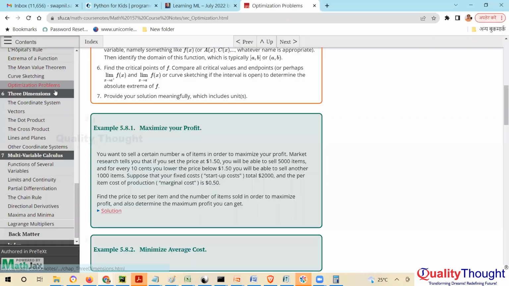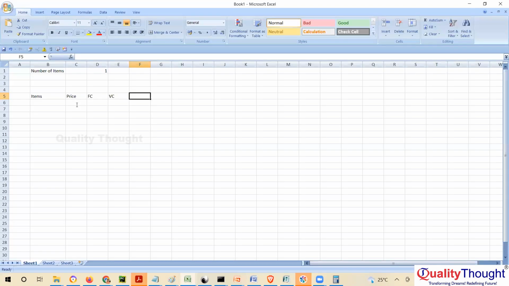Okay. So what it says is, if you put the price as $150, what is the total cost? First we'll find the total selling price. If you have 5,000, the total price will be 5,000 into 150.